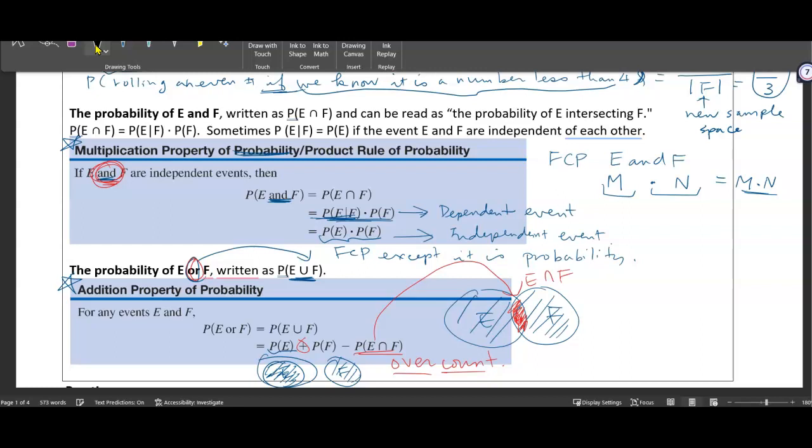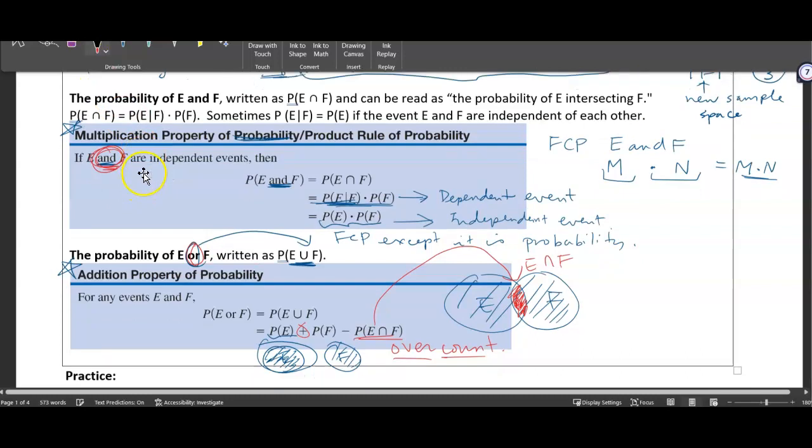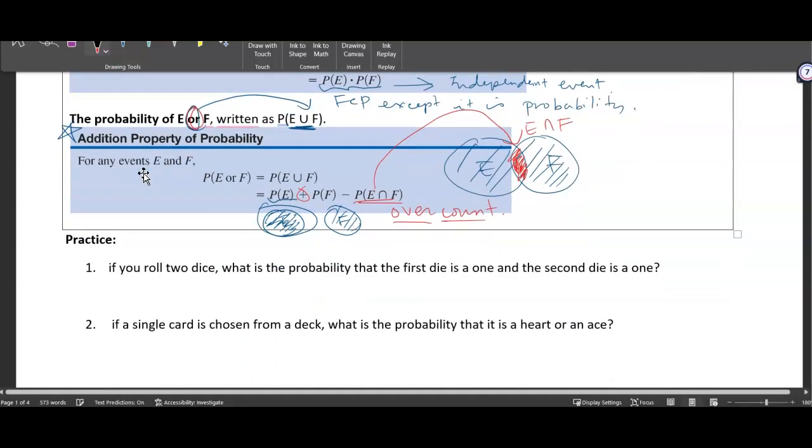Usually it's the overlap part, right? The overlap part. And so we'll come back to this formula back and forth, okay? And make sure you know when to use which one. Is it the "and" or is it the "or"? Okay, so let's get to the practice question here.